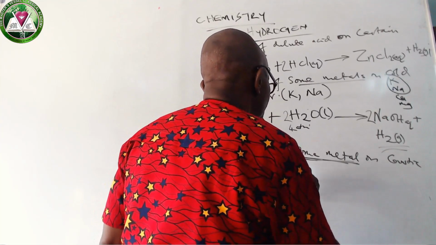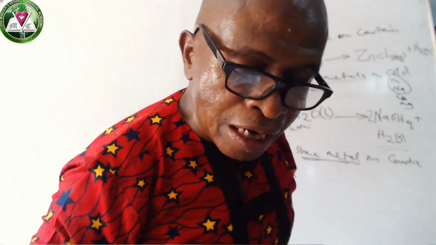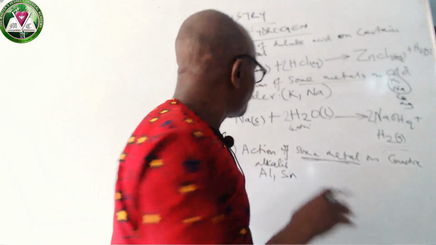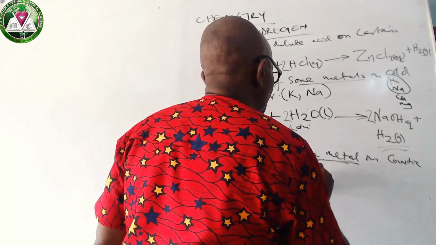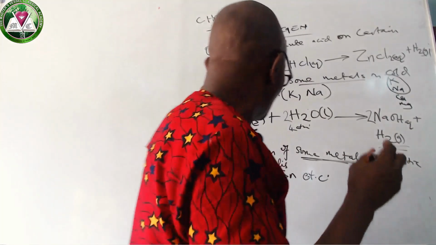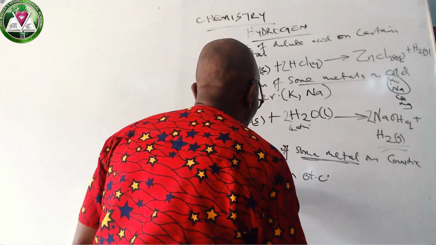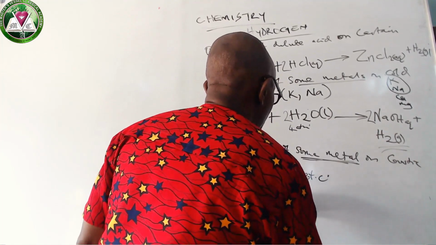tin, etc. We can look at some of them. Therefore, when we write an equation for this kind of metal, for instance, you have sodium hydroxide, aqueous.